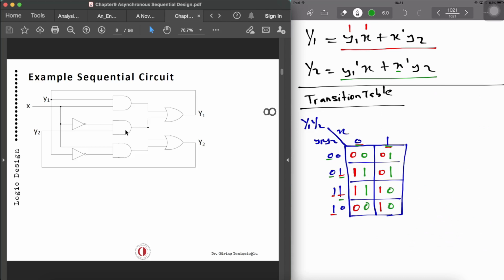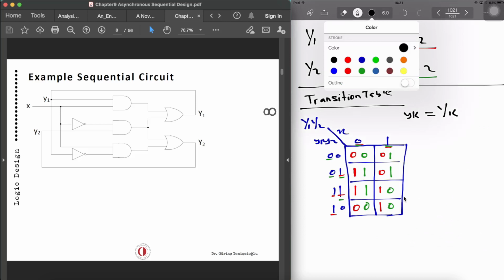Next thing that we look at in the transition table is which ones are going to be stable states. What do we know about a stable state? Small yk must be equal to capital Yk. The present state must match the next state. These are all our next states, and these are all present states. Which ones are matching? We have to circle those.